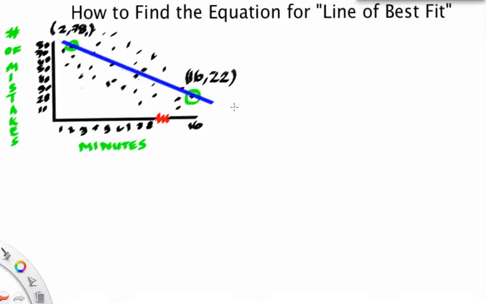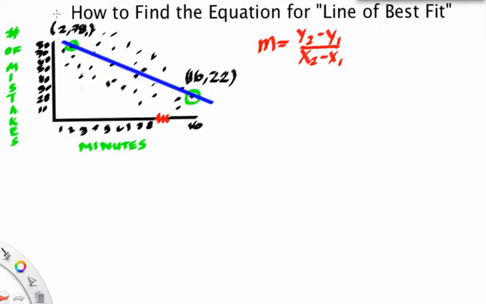Okay, with 2 points, we should all know by now the only thing we can do with those is find their slope. So again, slope masters love this because this is something that we're really good at. M equals y2 minus y1 over x2 minus x1.